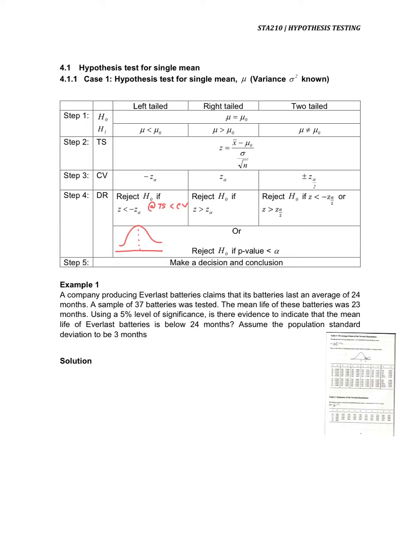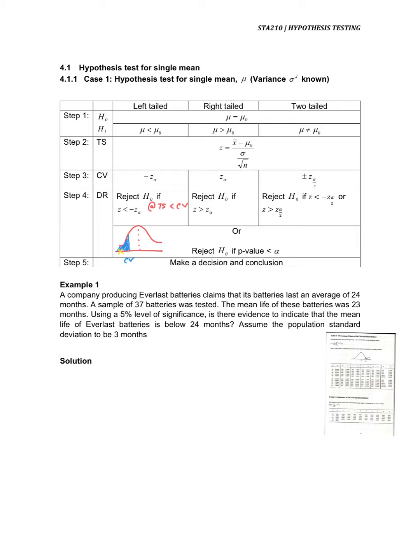This is what we call the rejection region. We will compare the value of the test statistic and the critical value. If your test statistic value is less than the critical value, for example your critical value is here, then your test statistic falls in the rejection region, meaning that the value is less than the critical value, and we will reject the null hypothesis. That is for the left tail.